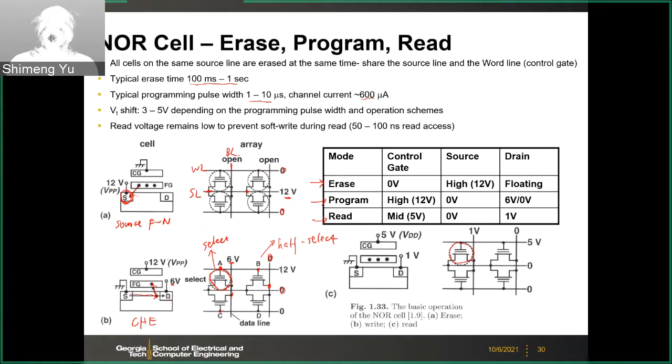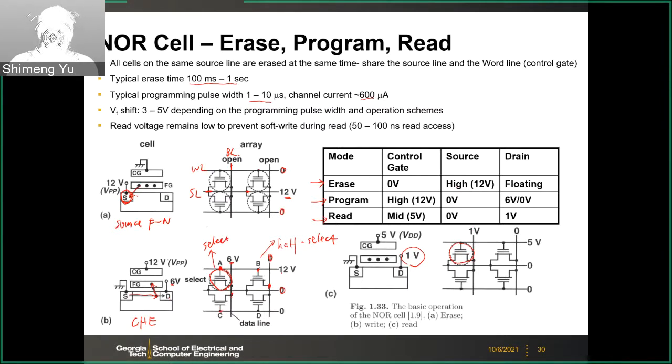If your VTH is, for example, 1 volt to 6 volts, then you apply some voltage in the middle, and we want to read out the drain current. In this case, the drain voltage should be small because you don't want to use channel hot electrons to program. You just need a little bit of drain voltage to read out the current. In this case, 1 volt is enough.